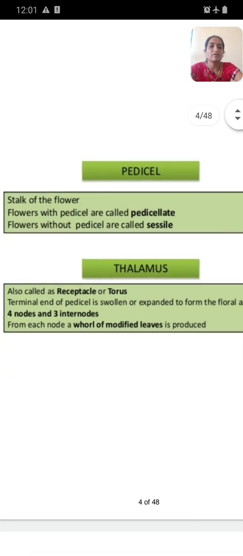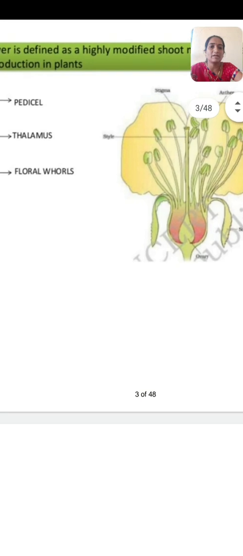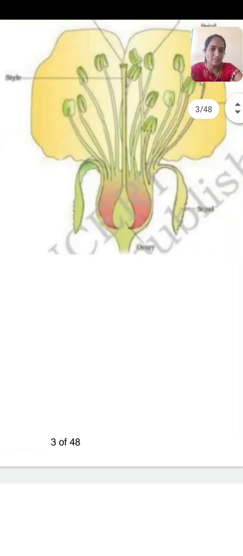The next part of the flower is known as thalamus. Thalamus is also known as receptacle or torus. It is the swollen basal part after the pedicel. Pedicel is continuous and after that a swollen part is there, which is known as thalamus. Look at the diagram.